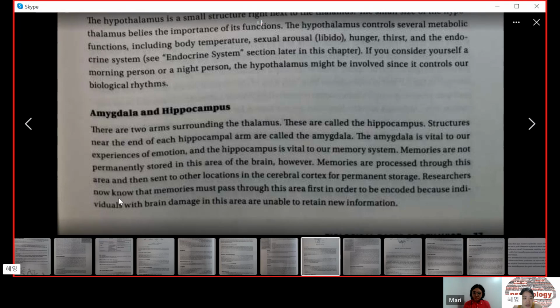Researchers now know that memories must pass through this area first in order to be encoded, because individuals with brain damage in this area are unable to retain new information. That's why amygdala and hippocampus are really important, because they are related to our memories and retaining new information.